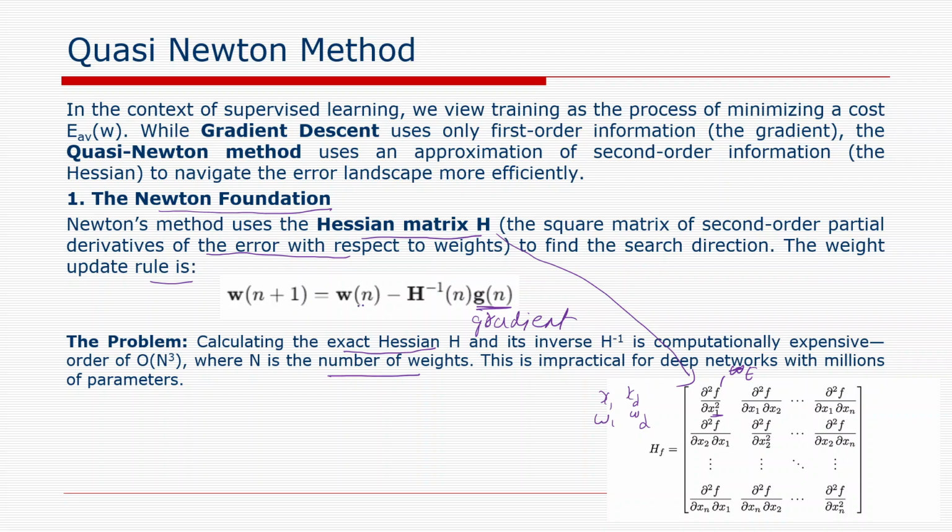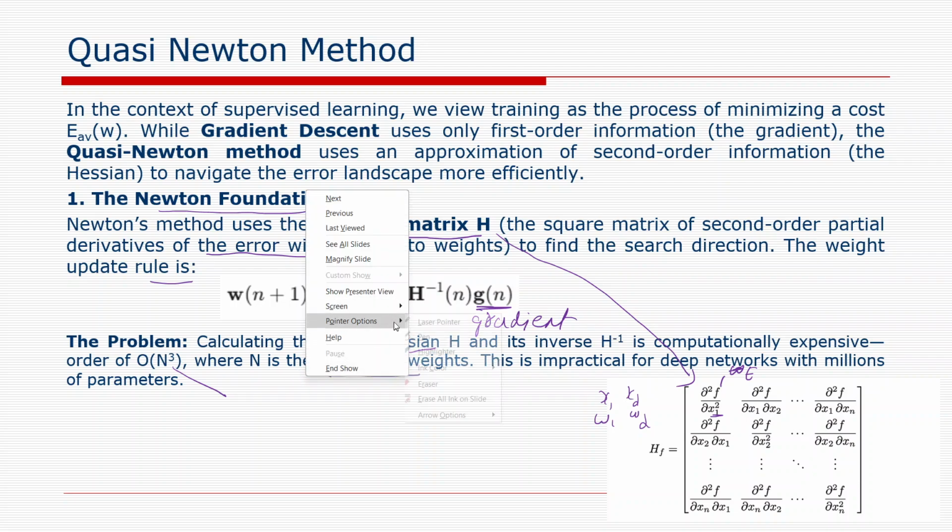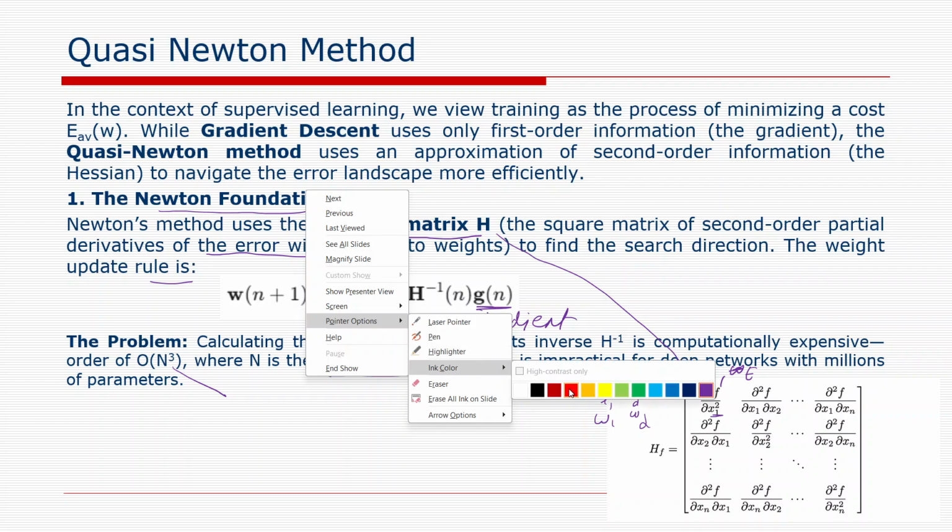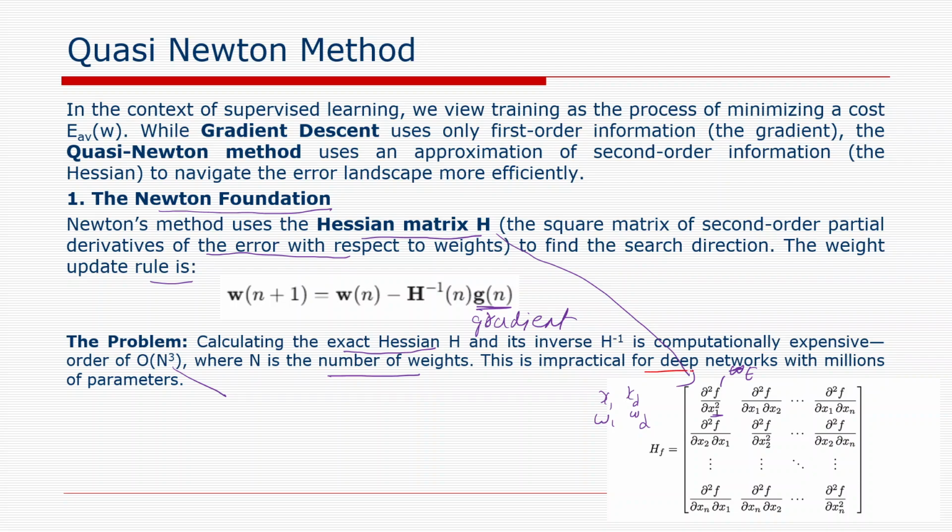If we use this Newton method in networks like deep learning, which have millions of parameters, the algorithm will work, but the convergence will be very slow, because it will take a lot of time to find the optimal values of the weight set.